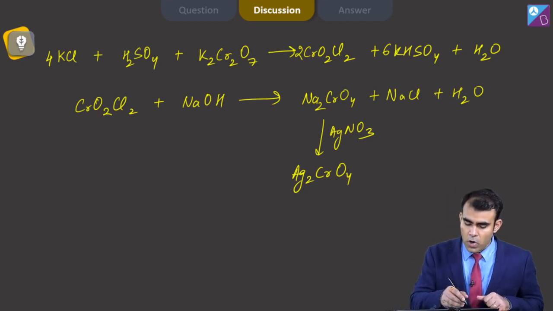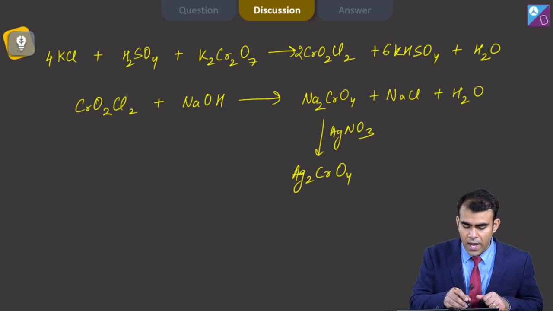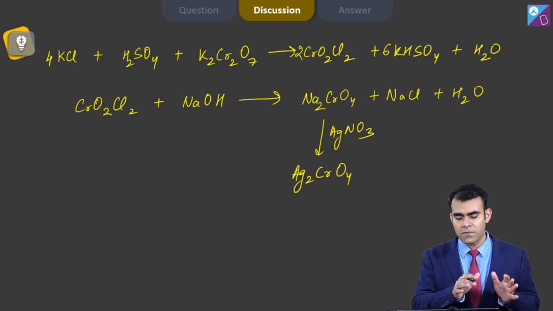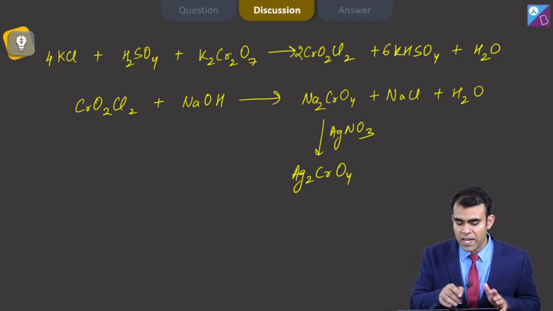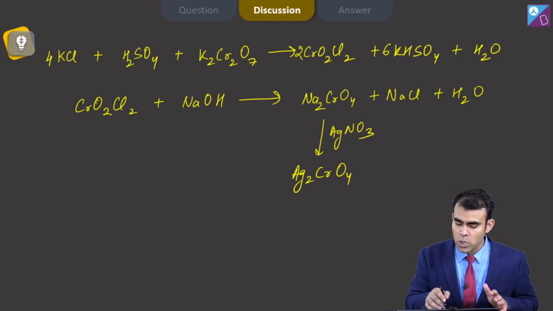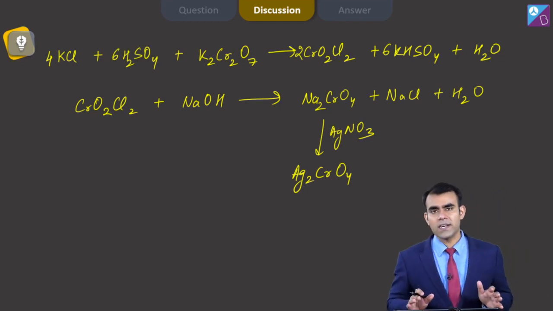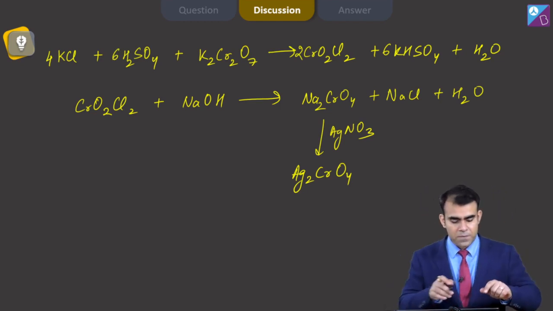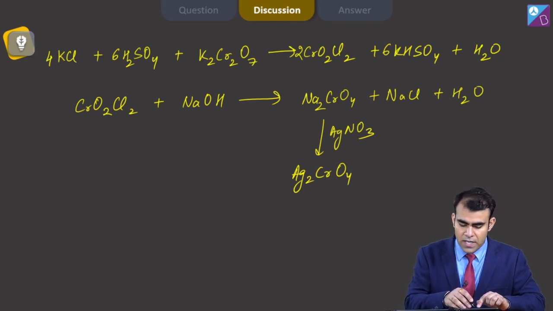Now what about sulfur? Here we have 6 sulfur, and in H2SO4 we have sulfur. In the other reactants we do not have sulfur atoms, so the balancing of sulfur will be done through this only. So we will write 6 here. Now let's see whether my equation is balanced or not. I have 4 potassium and 6 potassium, yes, 6 potassium are there.